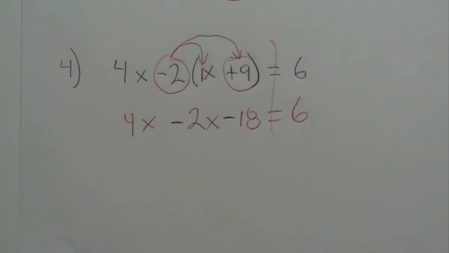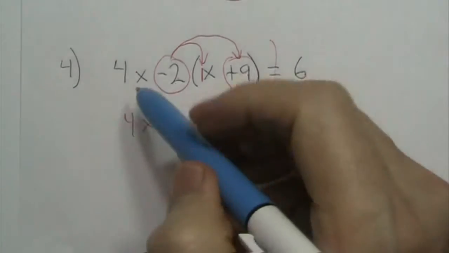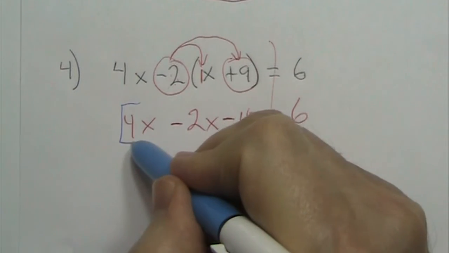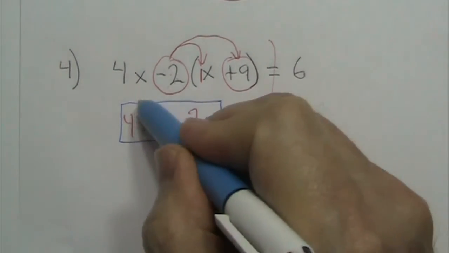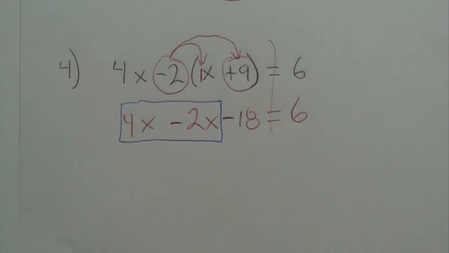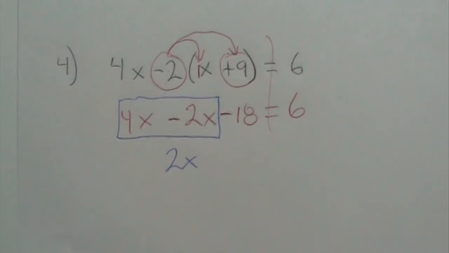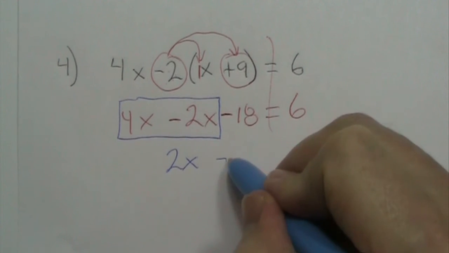Next step. Oh, I see that I have like terms. I have these two, 4x minus 2x. It's 2x. Bring the rest down.